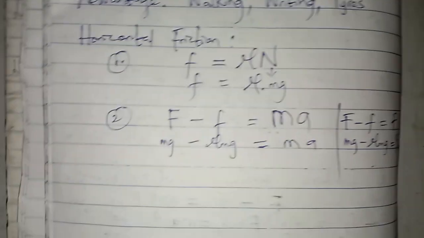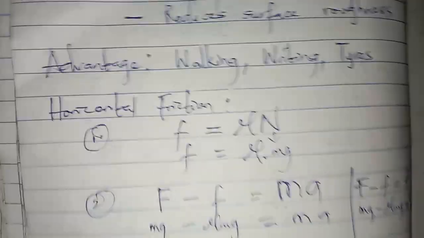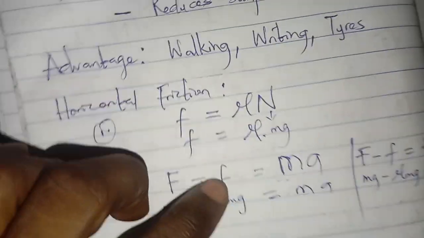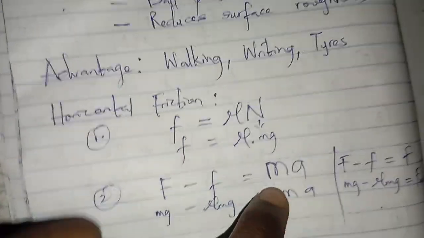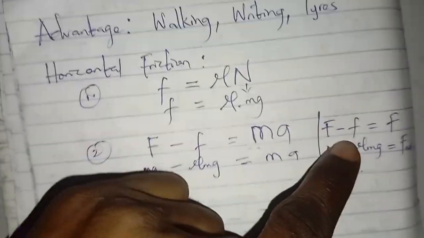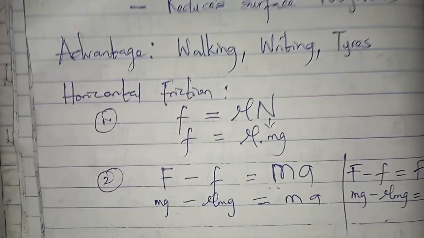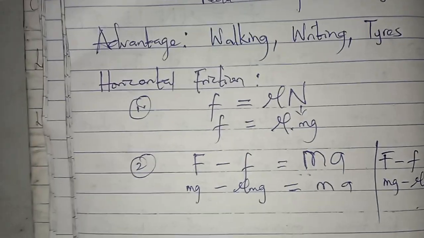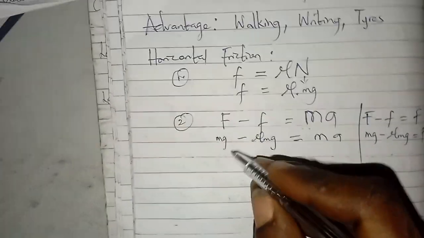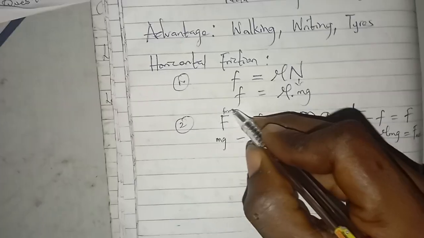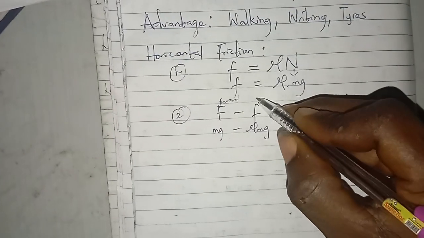So what this means is that forward force minus backward force is equal to the total force. A situation whereby I have two forces, one forward and one backward, the total force will simply be forward minus backward.